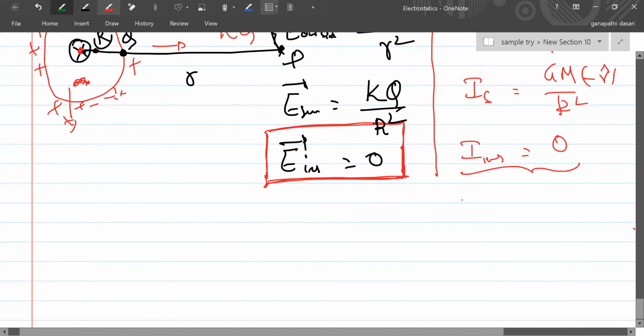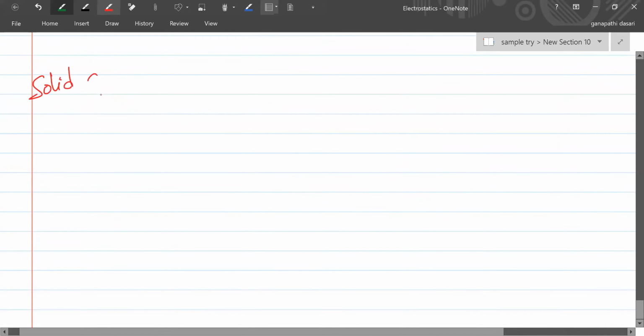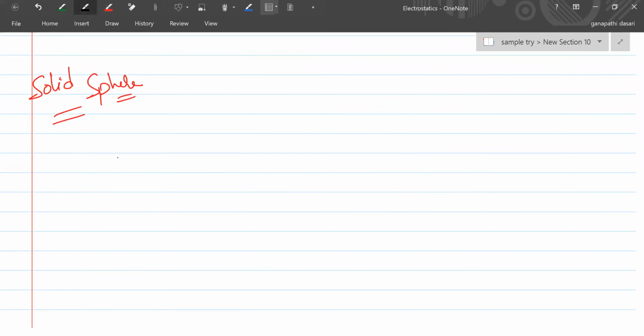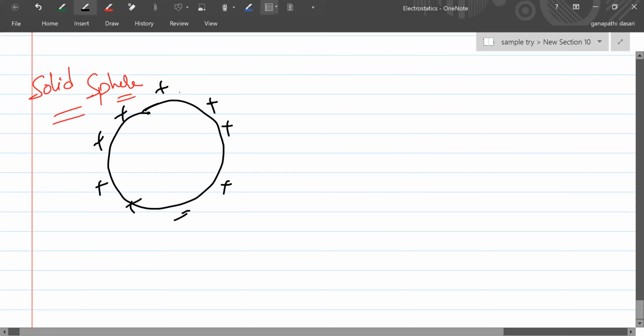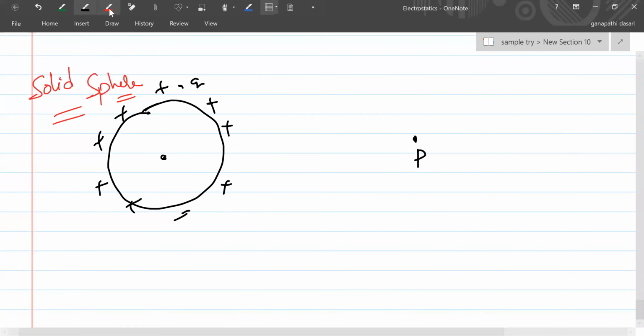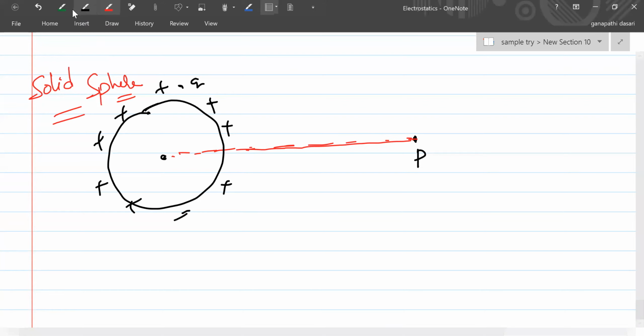Then solid sphere. For a solid sphere, it acts like the entire charge can be considered to be at the center, its center of mass, when you have to find the electric field at an outside point.